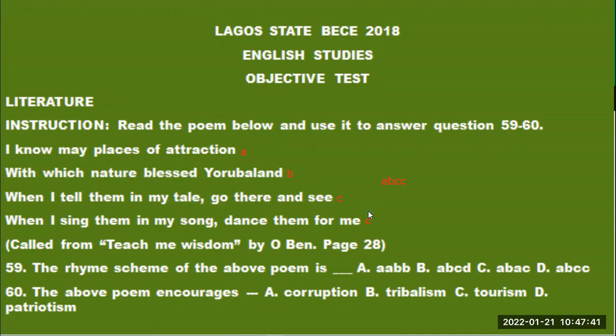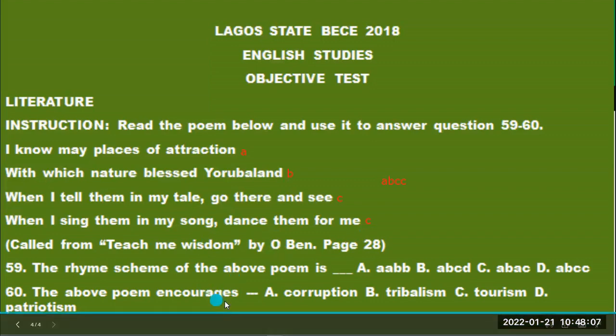That is tourism. When I sing them in my song, dance them for me, that is entertainment. All right. So when you visit places of interest, you are involved in tourism. You are going to tourist attractions. All right. This poem is about tourist attractions, places of interest.